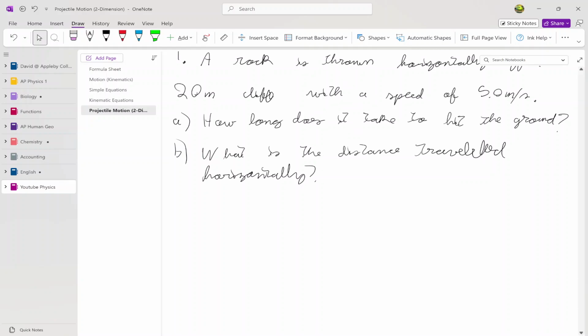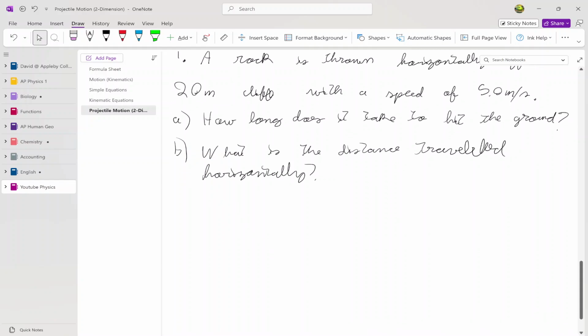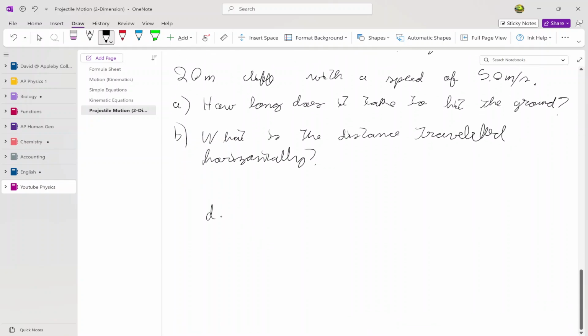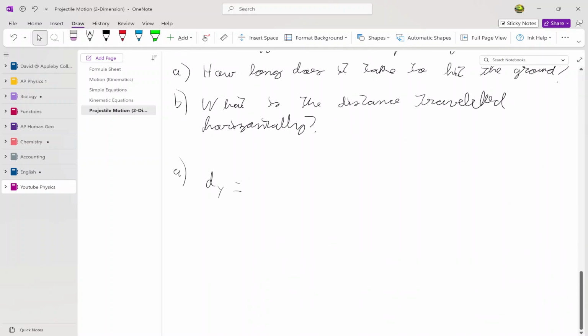Well, here we're just trying to figure out the vertical distance. To find that out, obviously you can use kinematics, but you could also just use your brain. Remember that acceleration equals gravity, and gravity equals 9.8 meters per second squared.